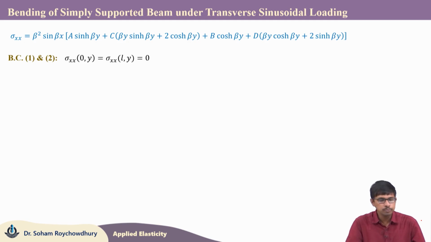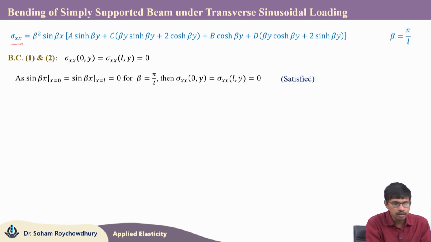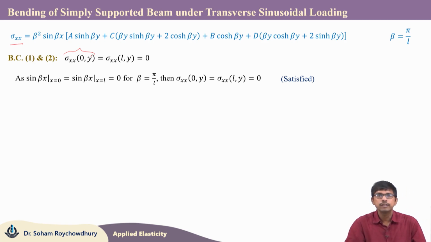Now, if you put x equals 0 in this expression of sigma xx, the sin beta x term will directly go to 0. Hence, sigma xx is 0 as x goes to 0.